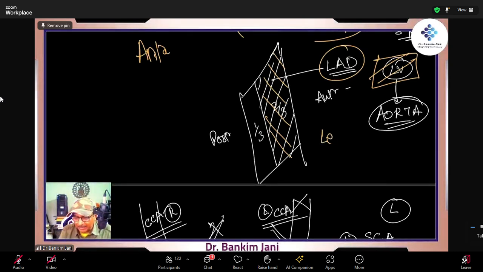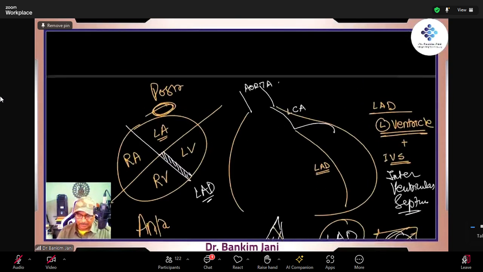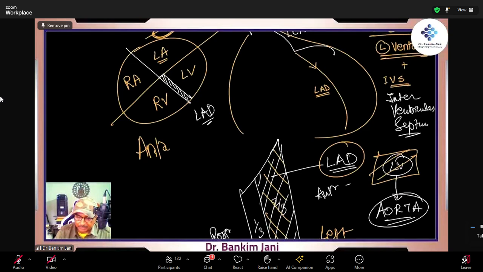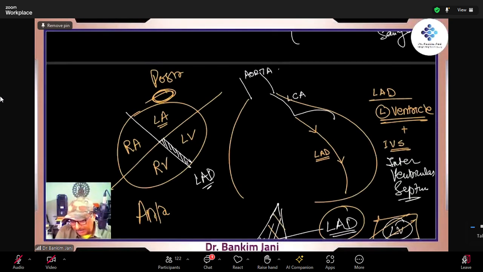The full form is left anterior descending. Descending means going down, right? That's the direction of this artery on the heart. It is on the left side, on the anterior wall, and it is going down. That's why it is called left anterior descending. Similarly, this particular artery is called the left circumflex.